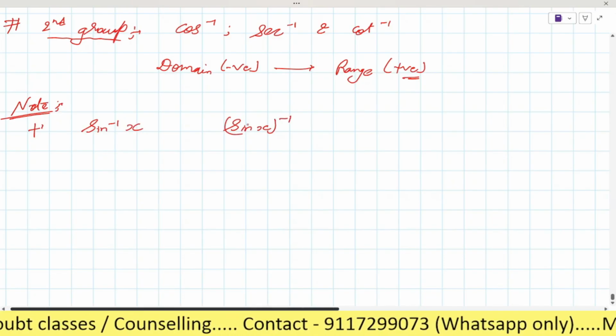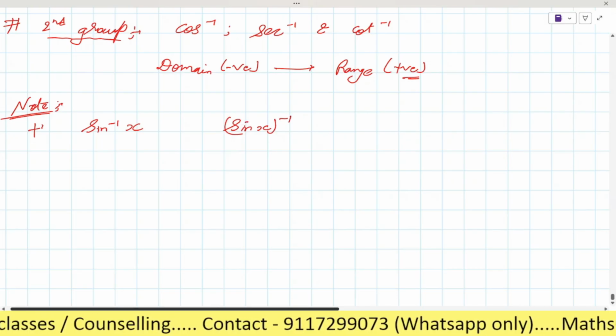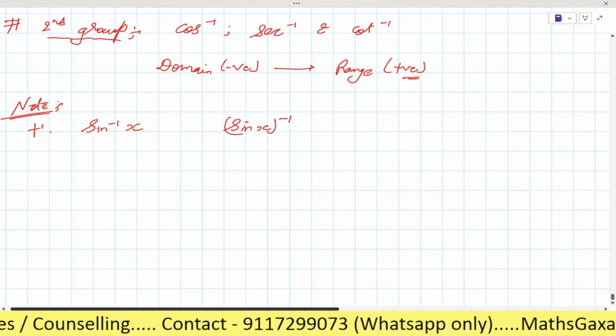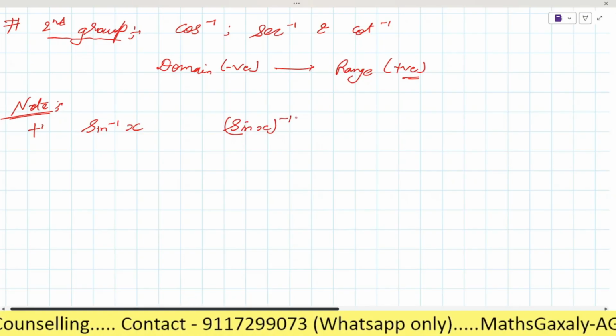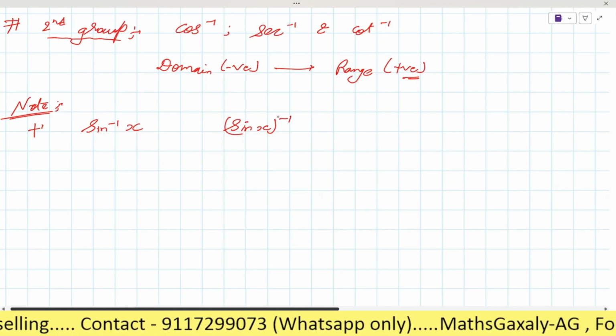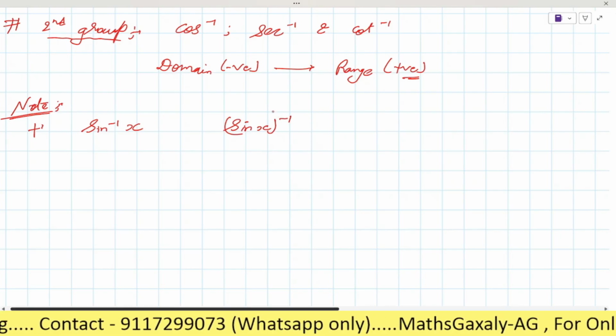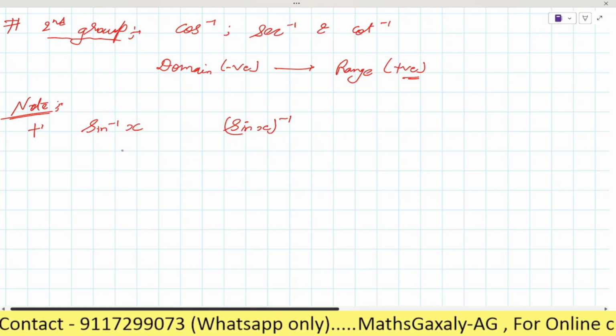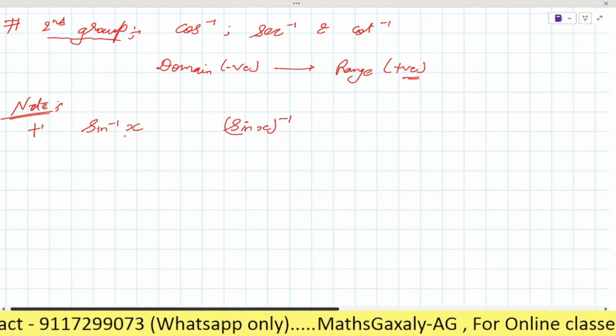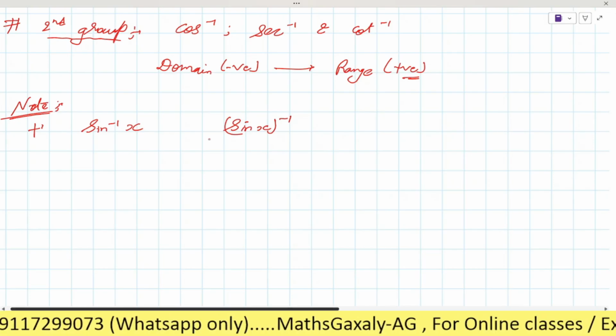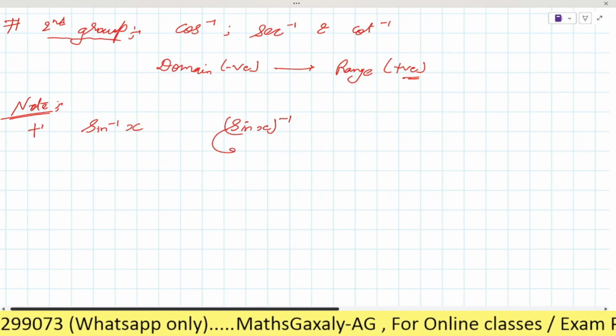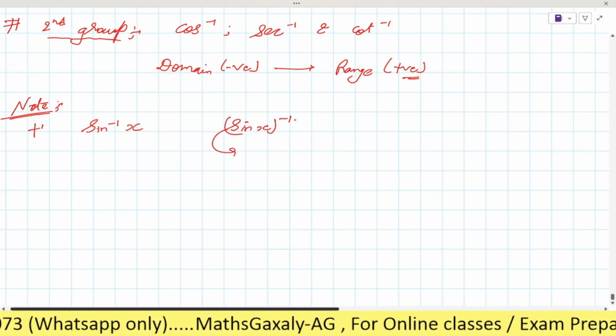Tell me, are these two things the same or not? Sin inverse x and sin x inverse. So they're different. Yes, very good Akshat. Here sin x inverse is also sin x to the power of minus 1, right?